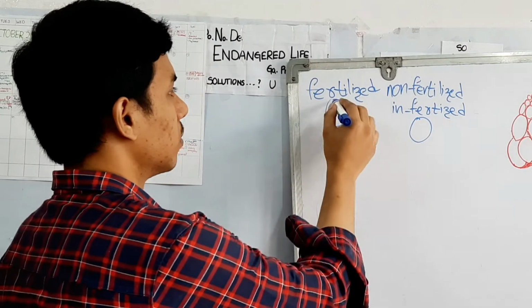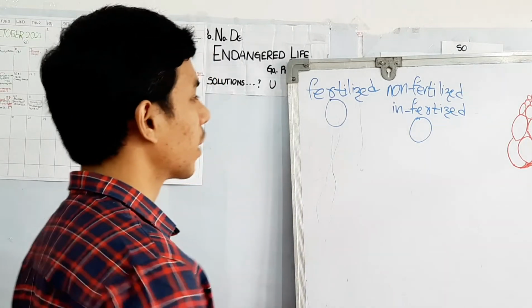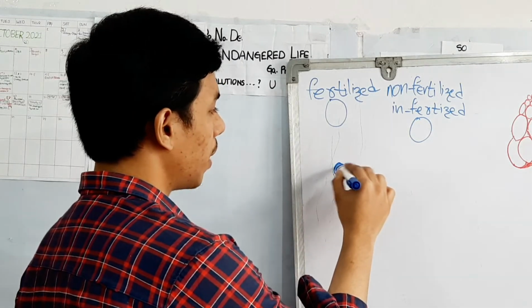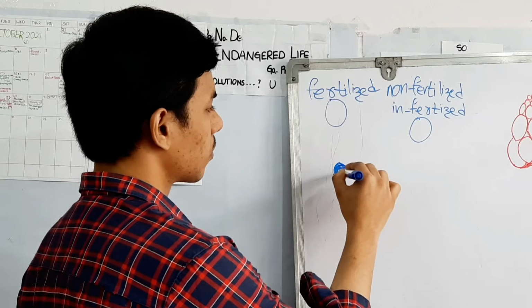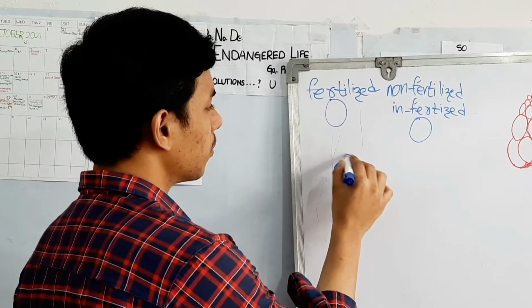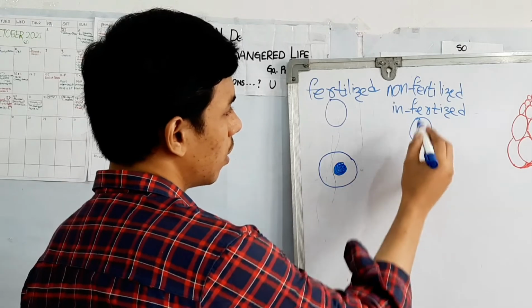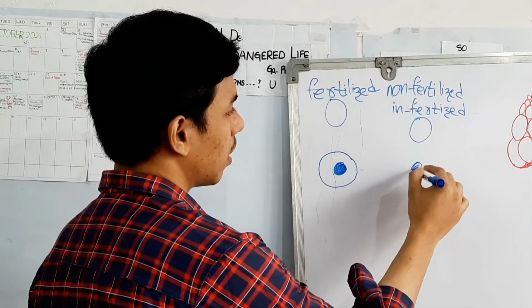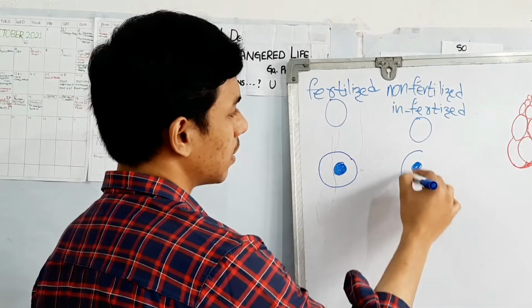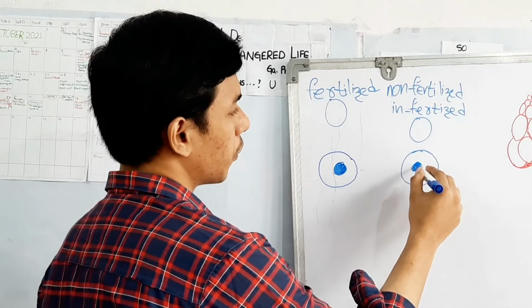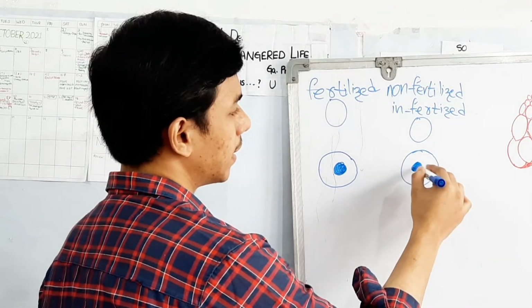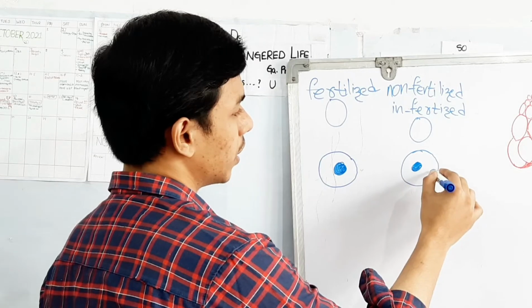If we break the egg, we can see the middle part, which is yellow in color, and some white fluid around it. If we break this egg also, we will see some yellow part and some white fluid.